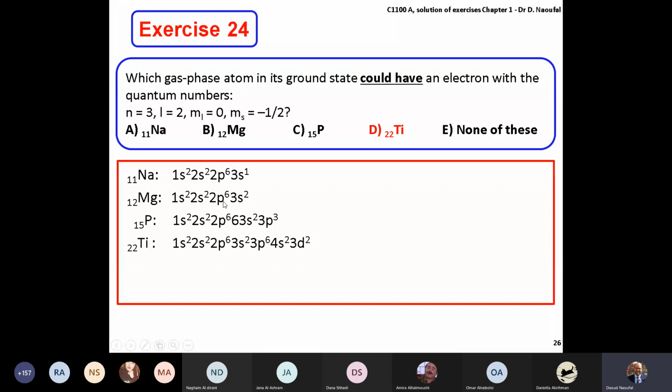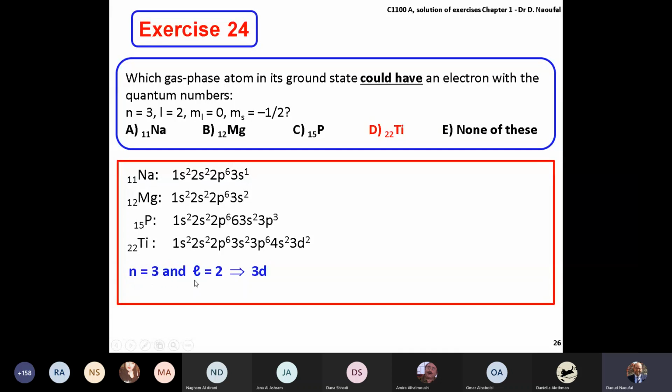I will explain later the sequence of the electronic configuration. So for n equal 3, L equal 2, this is the notation of the 3d orbital. In sodium, we don't have 3d. In magnesium and phosphorus, in the electronic configurations, we don't have 3d.